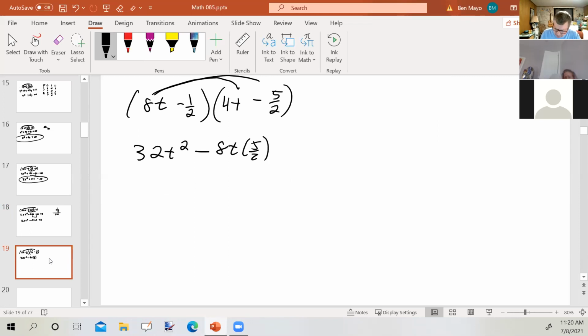I'm going to come back and simplify that later. Then I've got minus 1/2 times 4t, and then minus 1/2 times minus 5/2.